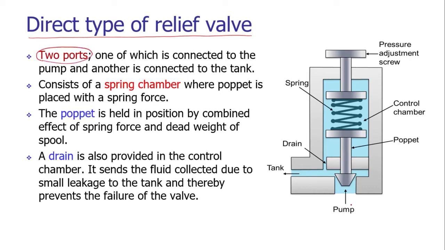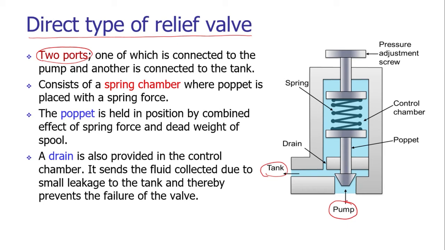The first port is the pump port, at which we are applying the pressurized fluid, and the second port is the tank port. These types of relief valves are put inside the hydraulic circuit.